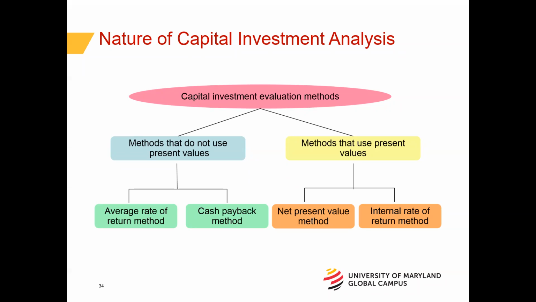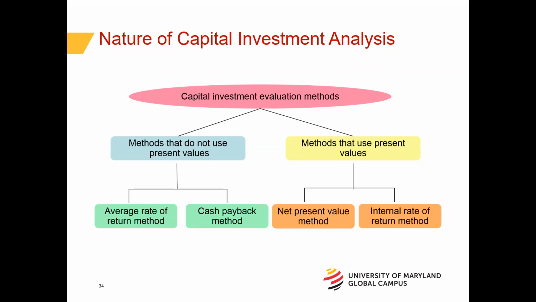With capital budgeting, we perform a series of computations using either present value or a method that does not use present value. Present value is the value of money today. To find the value of money today, we use a discount method or internal rate method.